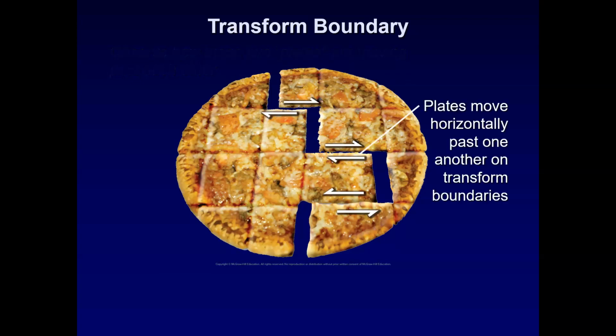As they move apart, one in this direction, one in that direction, they're also moving horizontally past one another, and that creates transform boundaries. So to the right and to the left. And that's kind of the relationship between a divergent boundary and the accompanying transform boundaries.